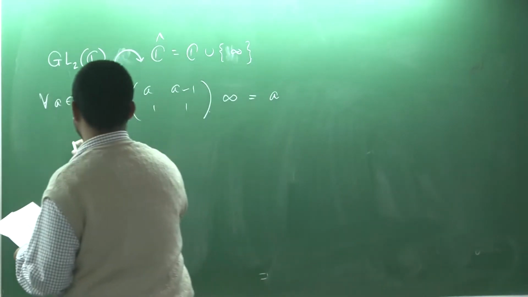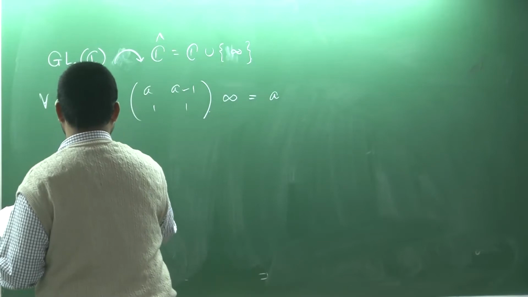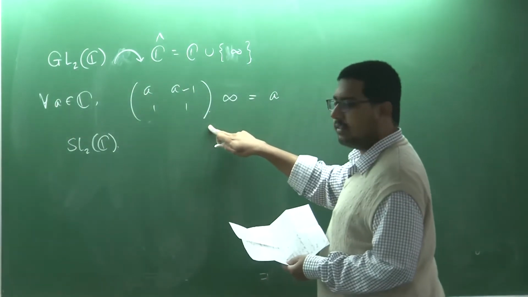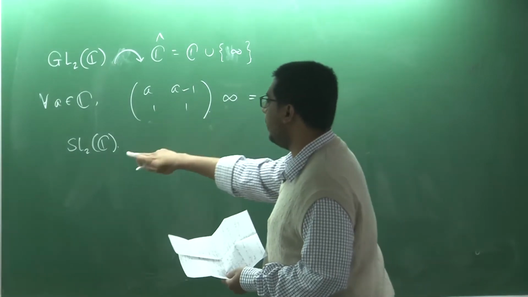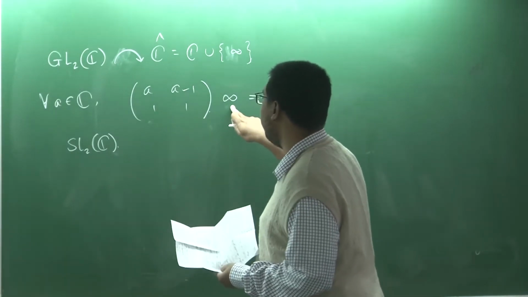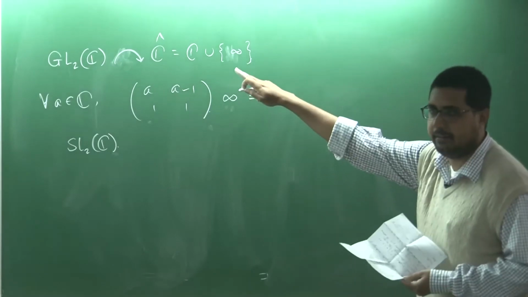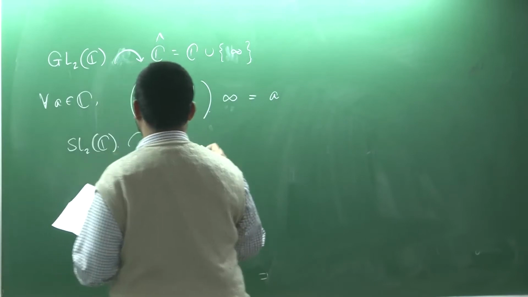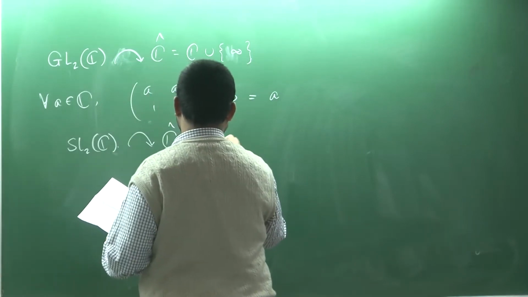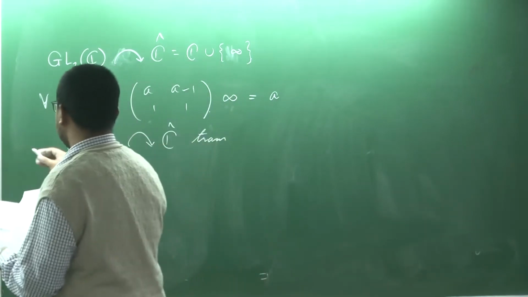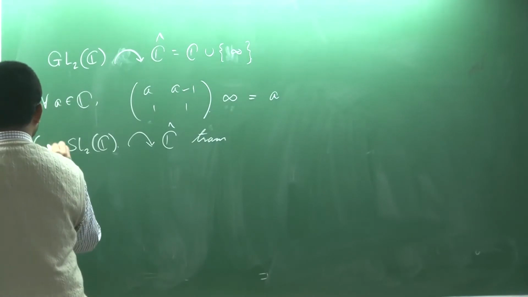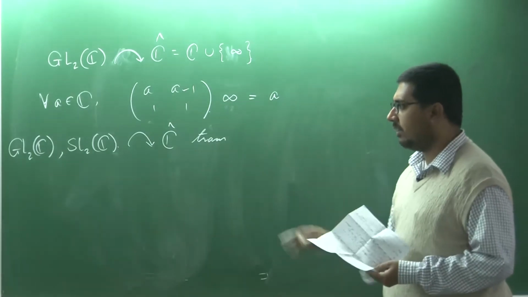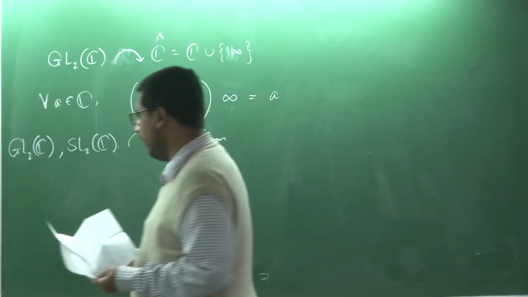Thus this in fact shows that with the help of some SL2(C) matrix you can bring infinity to any complex number. So that means SL2(C) acts on C hat transitively. Since SL2(C) acts transitively, the action of GL2(C) also has to be transitive, because a subgroup of it is acting transitively.